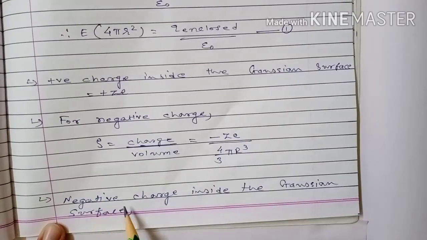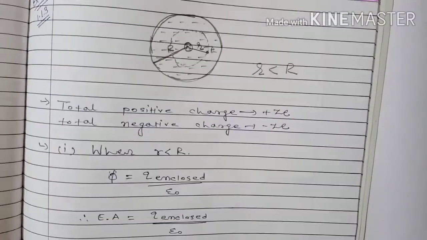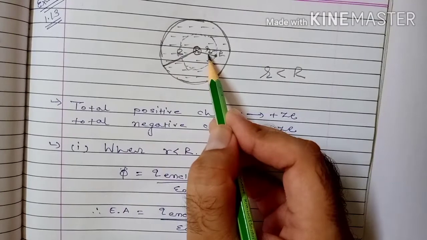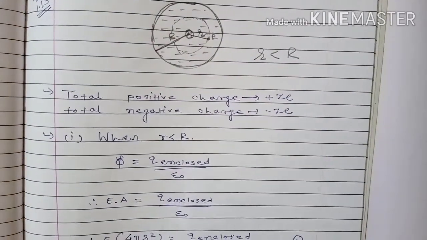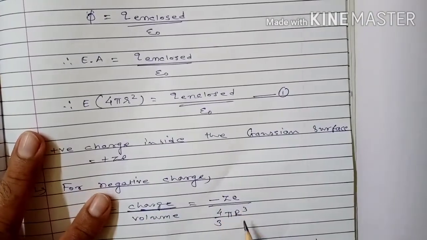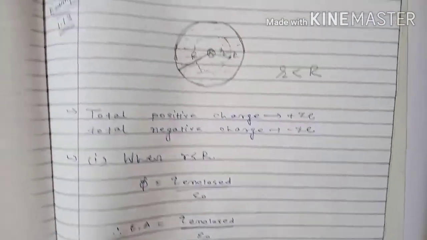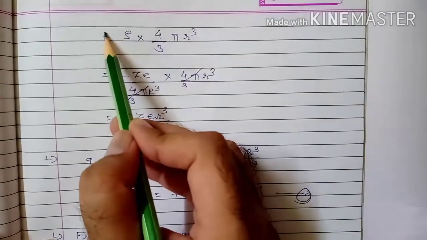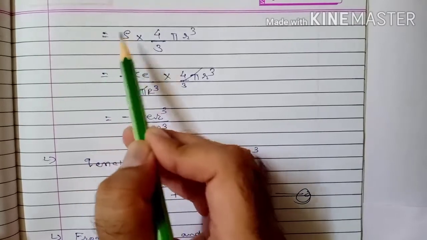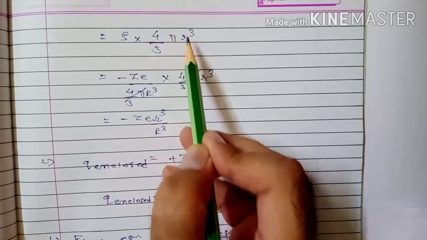Now we have to find the negative charge inside the Gaussian surface. For the Gaussian surface, volume is 4 by 3 pi small r cubed. Charge per unit volume is minus Ze upon 4 by 3 pi R cubed. Then what is the charge for volume 4 by 3 pi r cubed? The negative charge enclosed is rho into 4 by 3 pi r cubed.